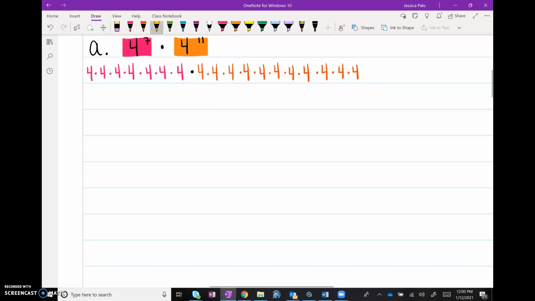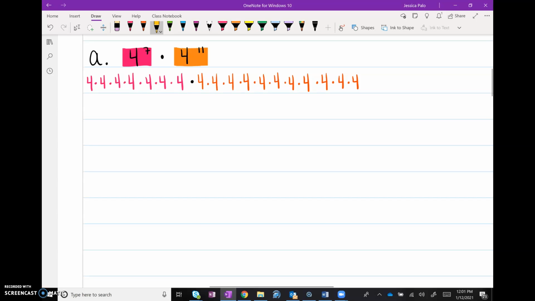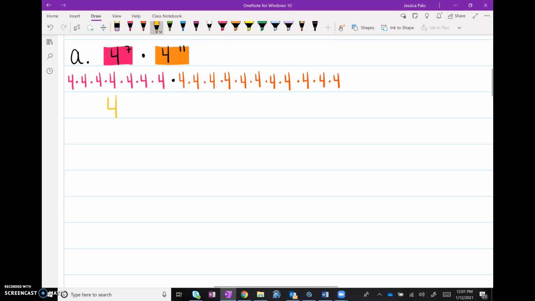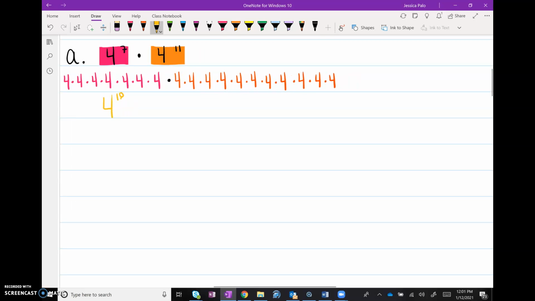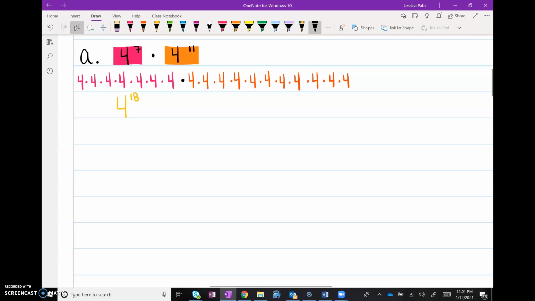Would it be 18 times 18? Nope, we're still working with 4. There are 18 4s. So that means 4 is still your base number. Yes, 4 to the 18th power is your final answer.